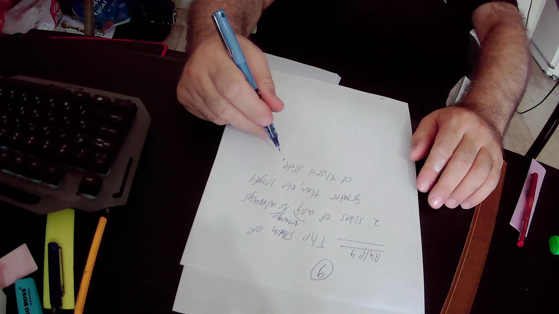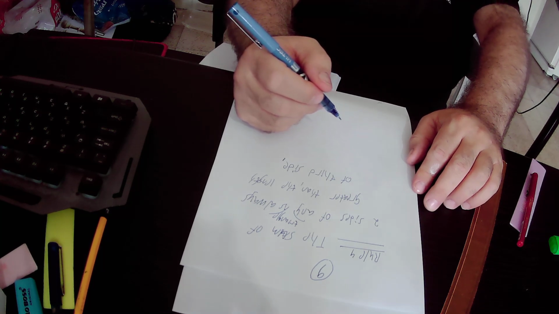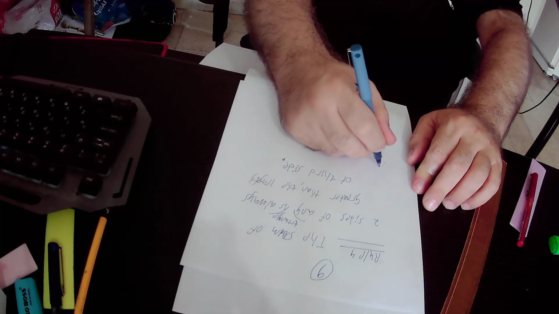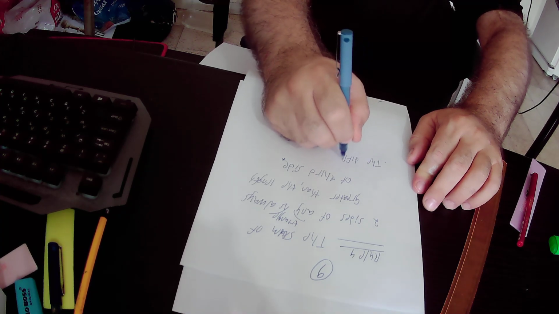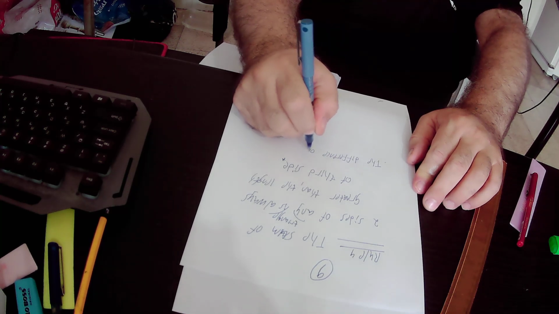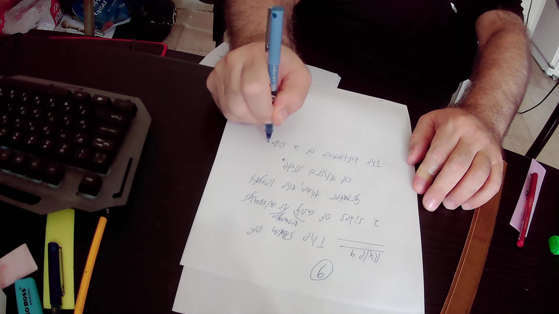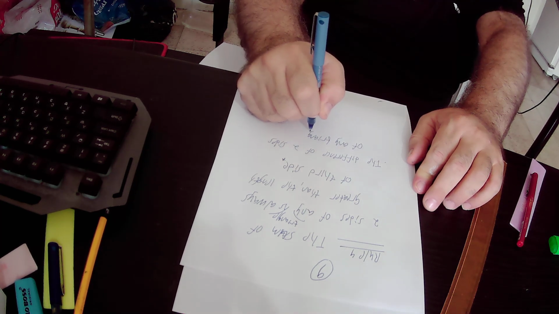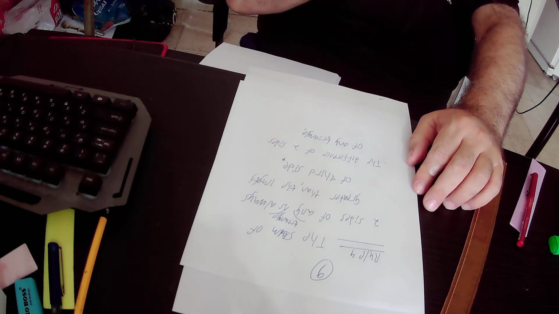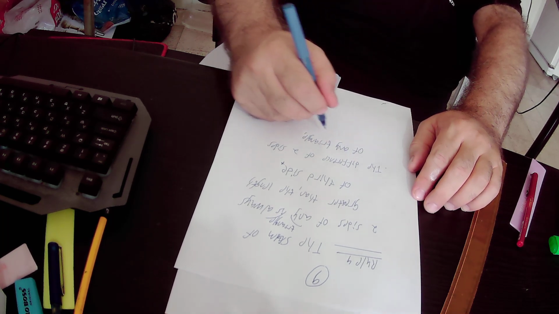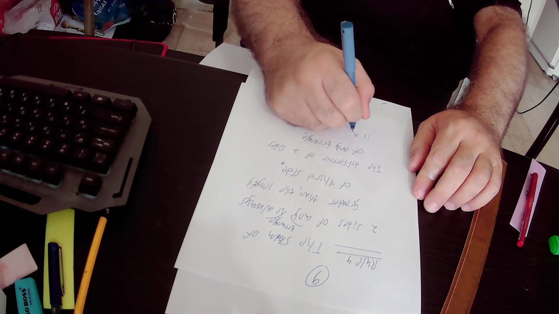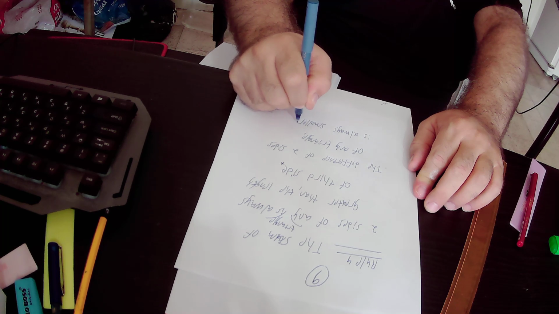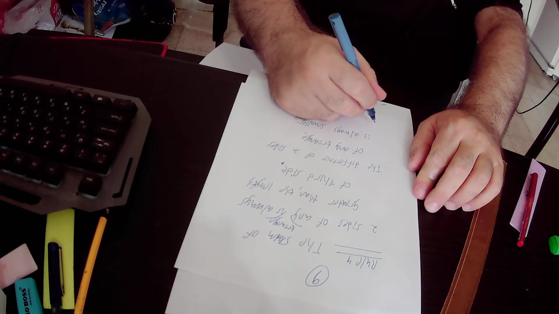And the second part of rule number 4 is that the difference of two sides of any triangle is always smaller than the length of the third side.